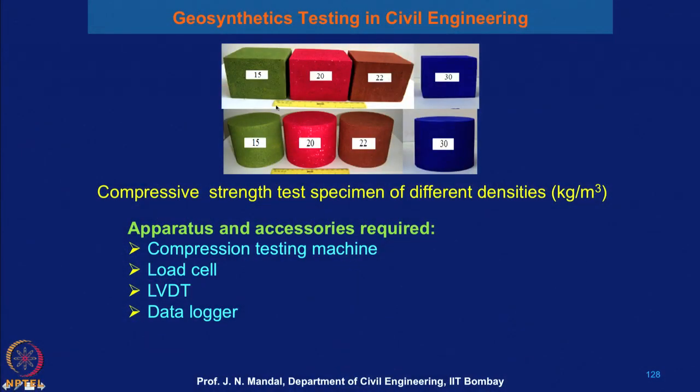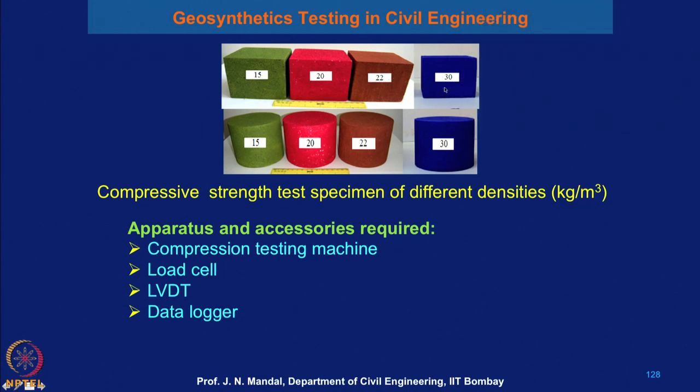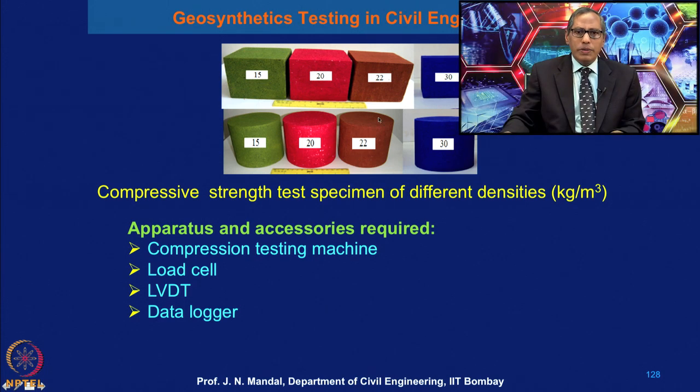You can see the colors because they have different densities: 15, 20, 22 and 30, in cubical form, and similarly in cylindrical form. You have to determine the compressive strength of the test specimen of different densities, with the unit in kg per meter cube.